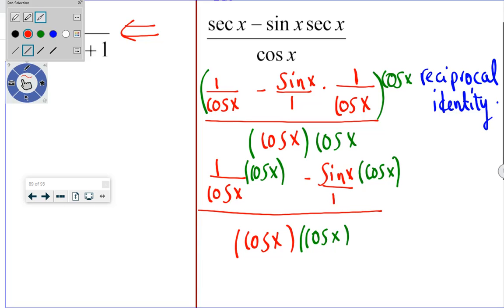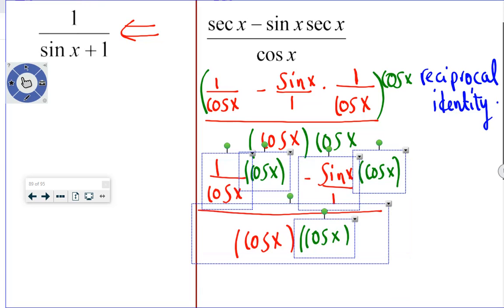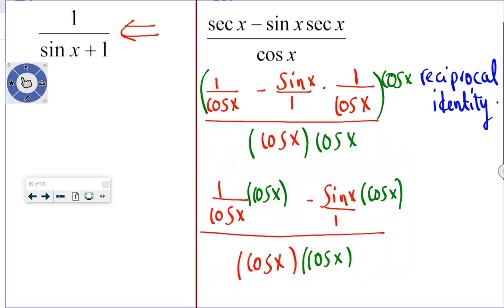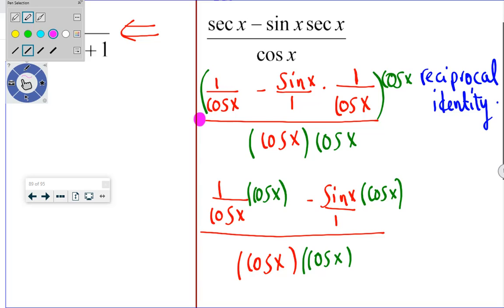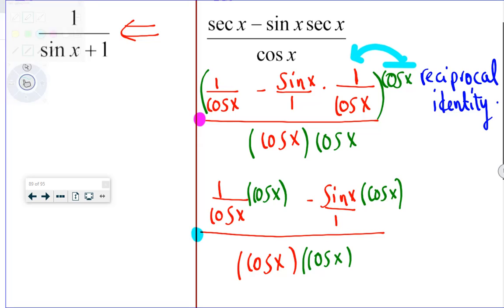So take a close look at what I have written in the pink step and ask yourself how you get to this step. All I did was take this cosine of x and multiply it through. That's all I did there.